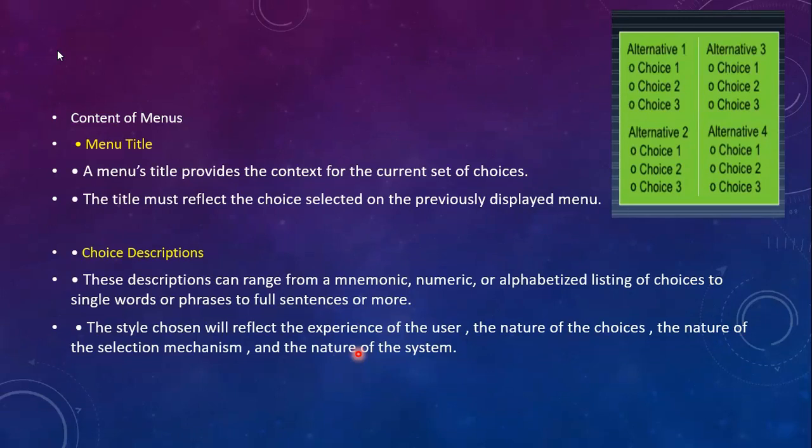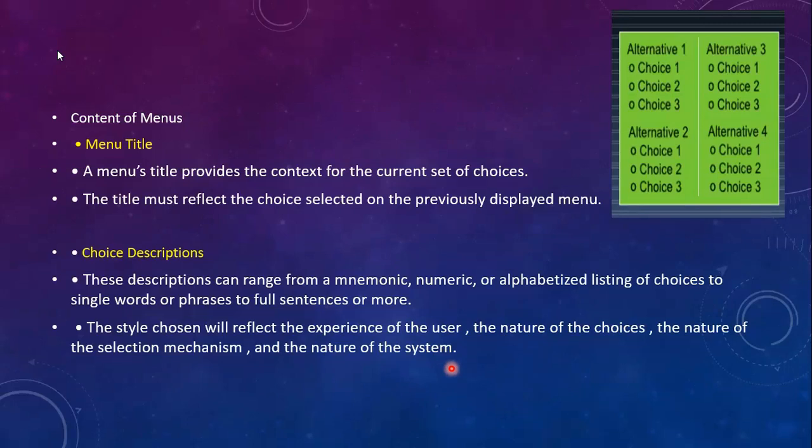In websites also you get choices in the menu list. The nature of the system can be a user interface, or some business systems that also have a user interface. Or if you are using websites, that is also where the system exists.